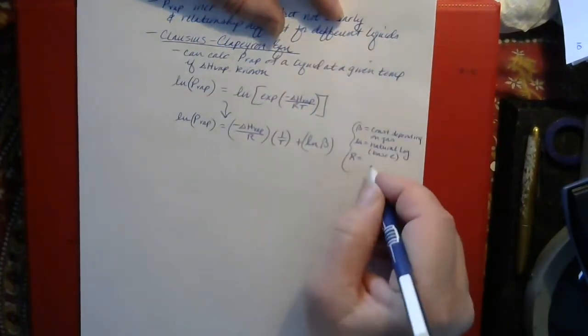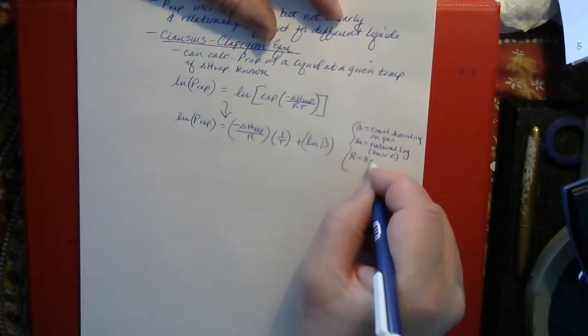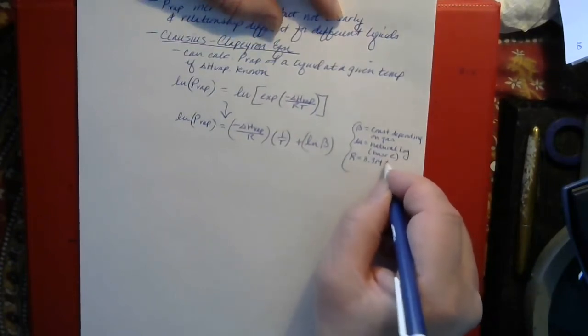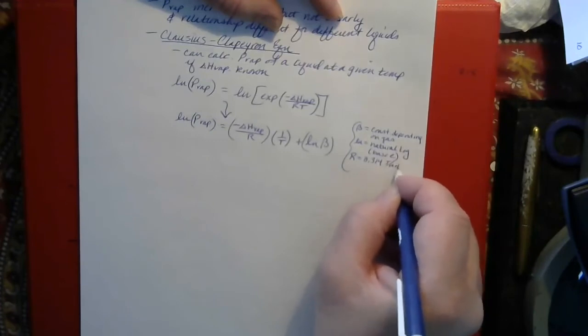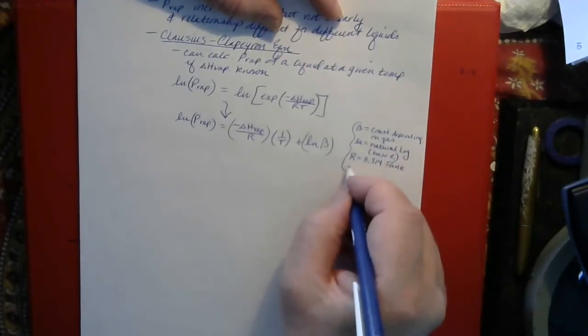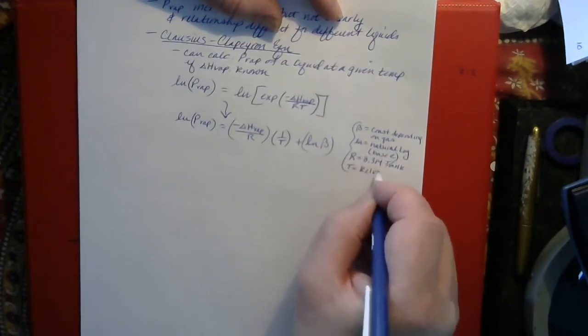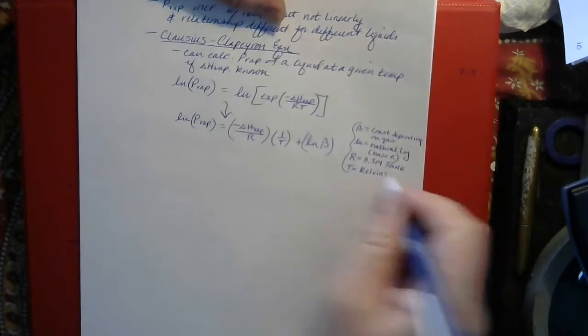R is the gas constant, but it's the energy version of the gas constant. So it's 8.314 joules per mole Kelvin. And T is the temperature in kelvins.